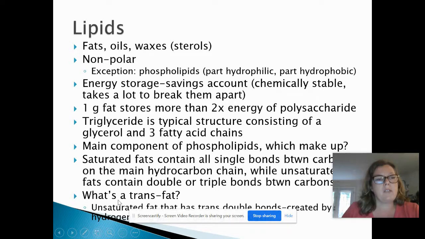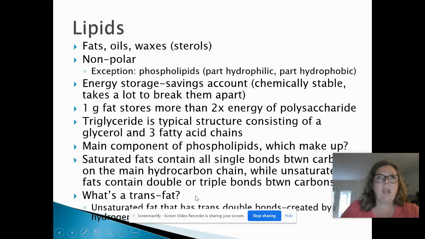And then, of course, trans fats are fats that started their life as unsaturated fats, and then they had their double bonds broken and hydrogen pumped into them to create a saturated molecule. You find trans fats a lot in processed foods because they're shelf stable, but everybody knows that the saturated fats are less healthy for you.